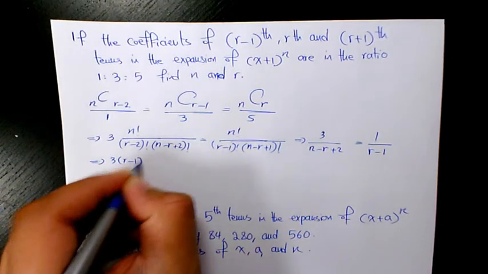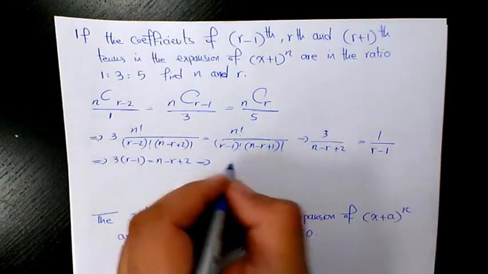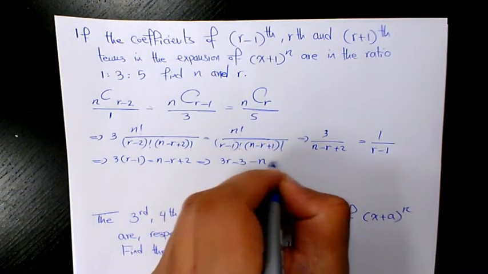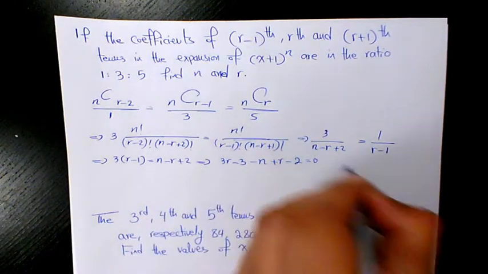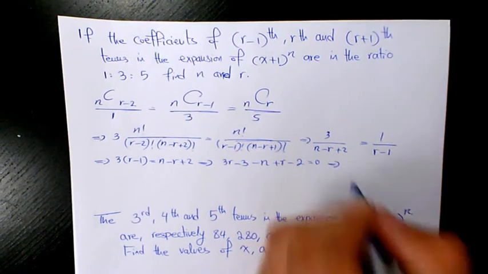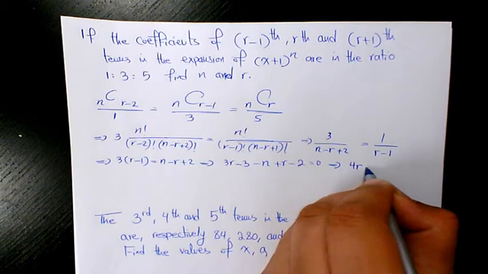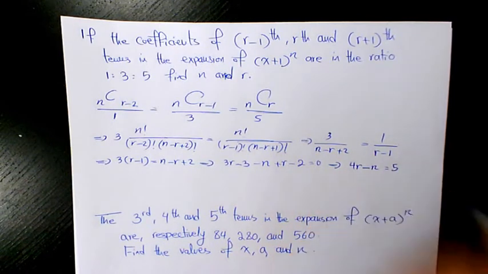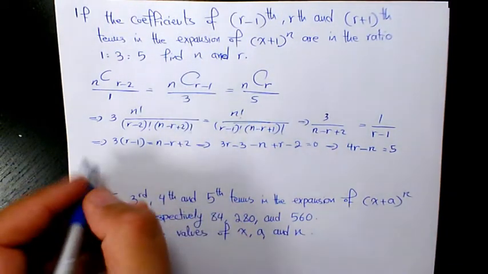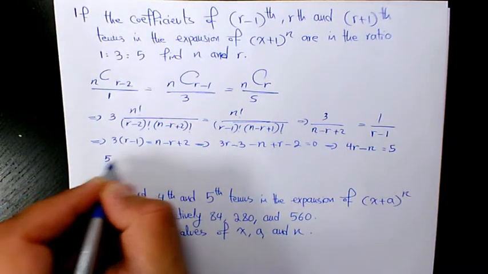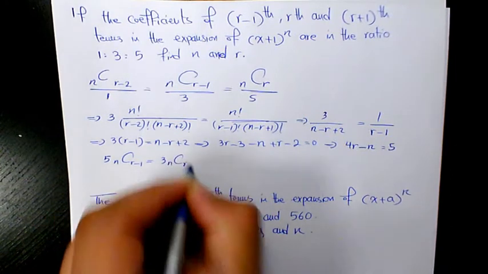So that's going to be 3 times r minus 1 equals n minus r plus 2. That's going to be 3r minus 3 minus n plus r minus 2 equals 0, which will be 4r minus n equals 5. And the other one, when you do these two, you're going to say 5 nC r minus 1 equals 3 nC r.